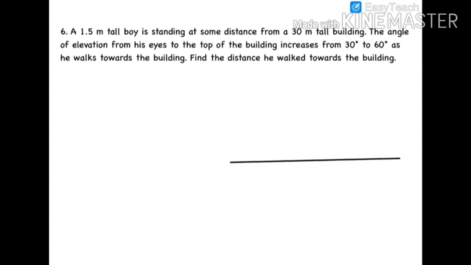So let's say this is the ground. We will represent a tall building using a straight vertical line perpendicular to the ground. Let's consider this boy who is 1.5 meter tall. This boy is standing at some distance from a 30 meter tall building.